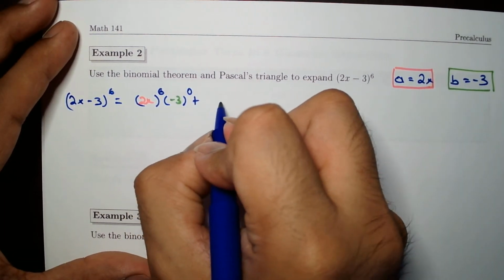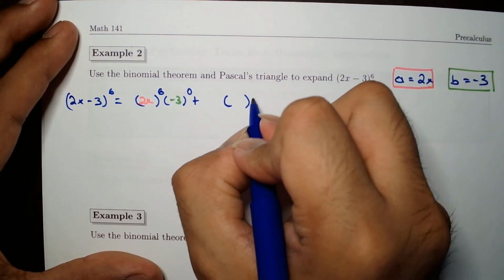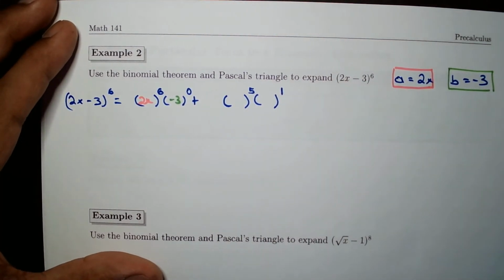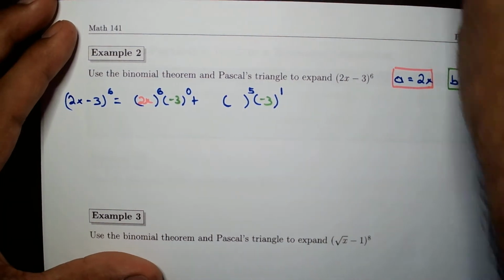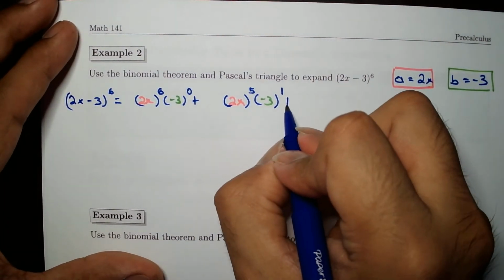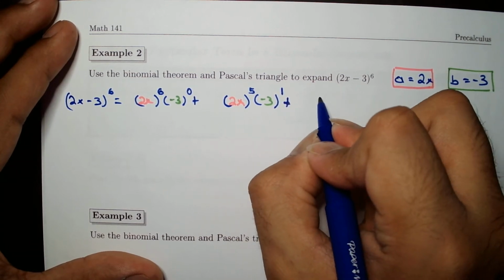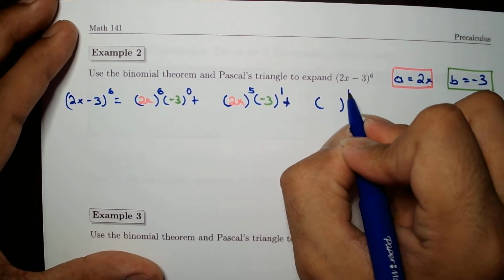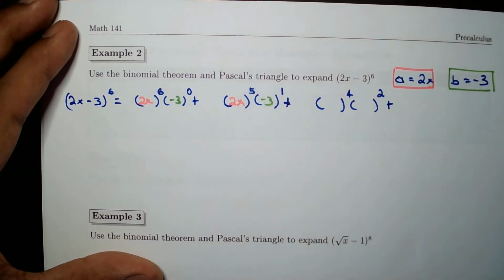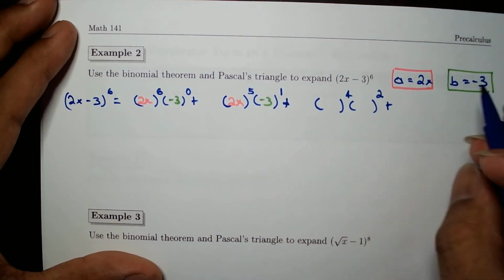Plus, I'm going to leave some space for the binomial coefficient. 5, 1, negative 3, and 2x. And then plus, leave space for the binomial coefficient. 4 and 2 plus, well, let me actually do the powers.